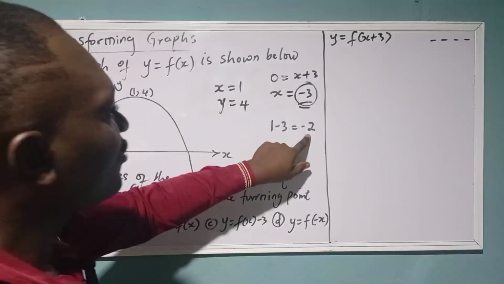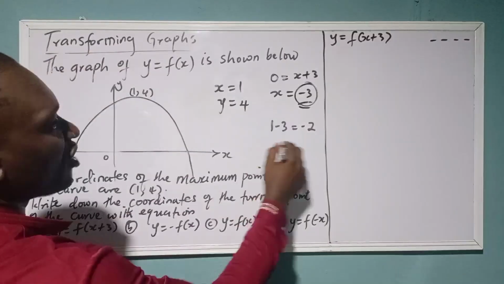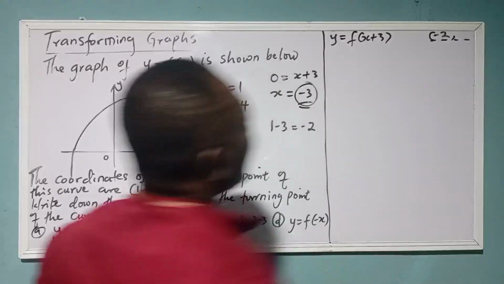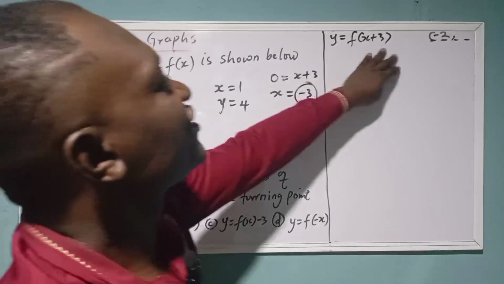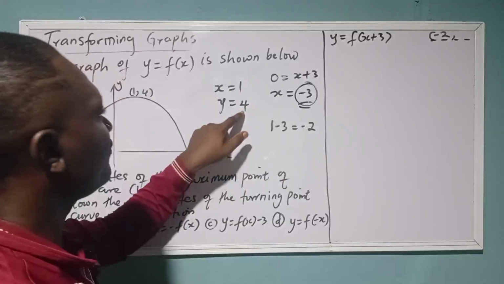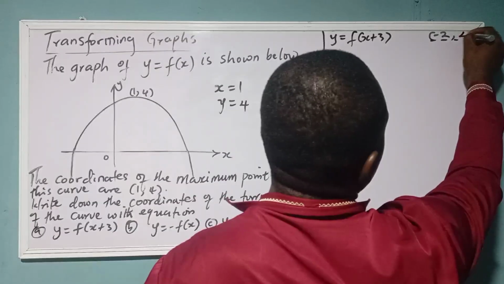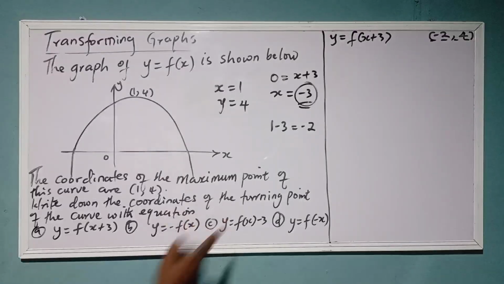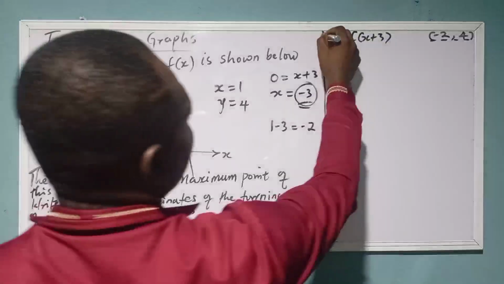So the new value of x becomes minus 2. And then y is not affected. There is nothing happening outside of the bracket, so I will leave the coordinate of y the way it is. So that is the new coordinate for the turning point for option A.